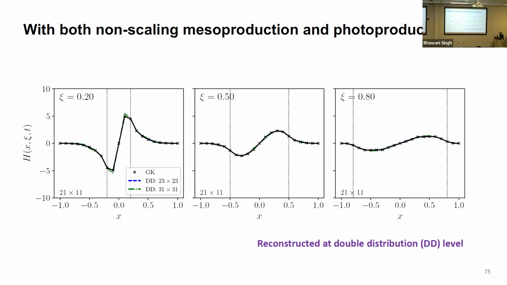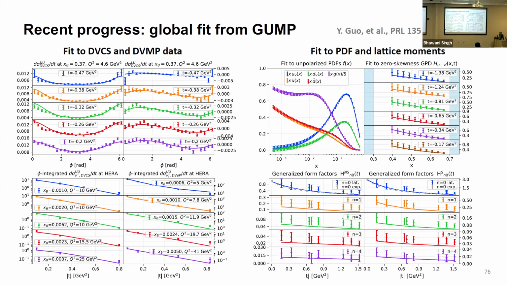And if we also include the other one, both the non-scaling processes, we managed recovering all the GPDs as shown here for 3 different illustrated ψ values. The x curves for recovered GPDs almost match the original GPDs exactly. So that completes my story about the neural network treatment.